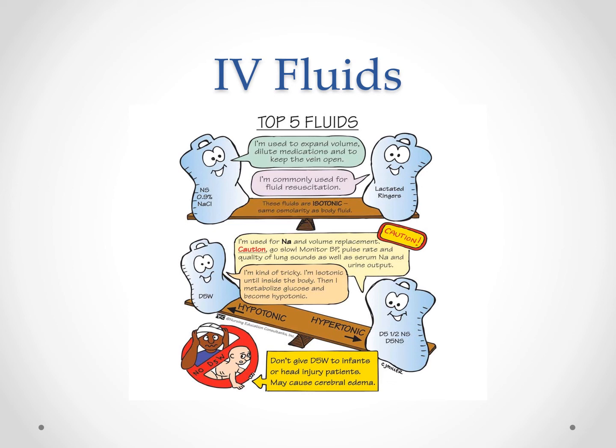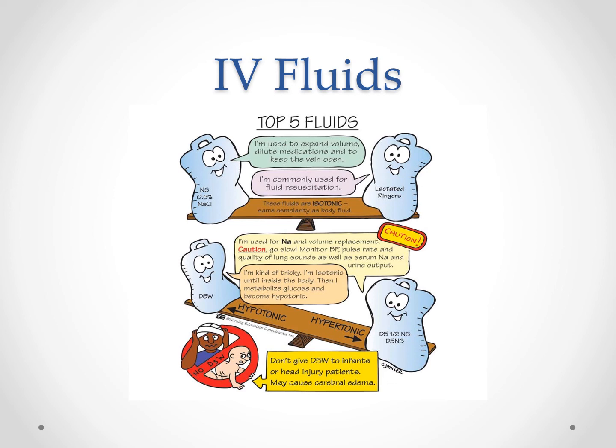hypotonic. I'm kind of tricky. I'm isotonic until inside the body, and then I metabolize glucose and become hypotonic. So isotonic until I'm in the body and I become hypotonic. Okay, I'm used for sodium and volume replacement.